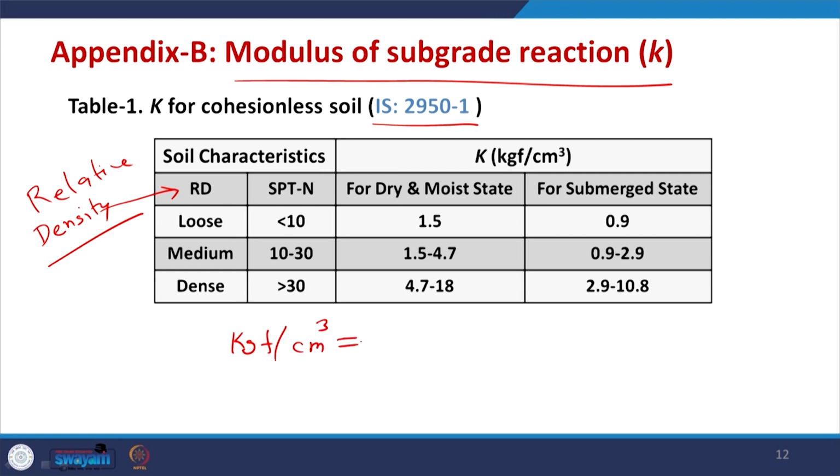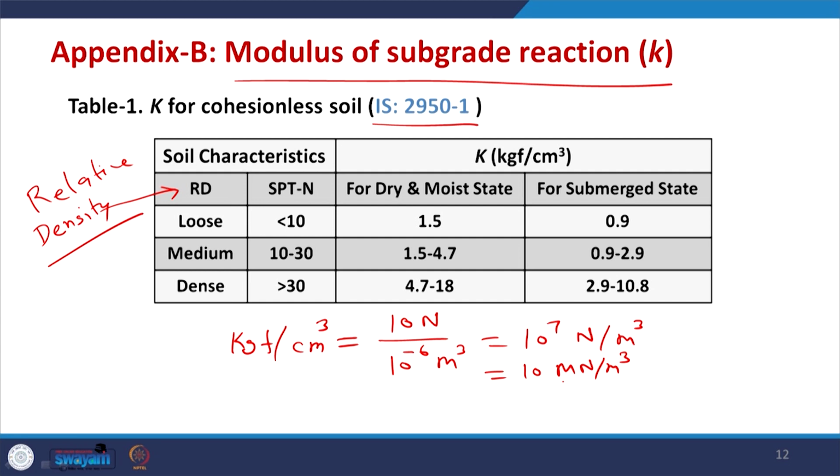Kilogram force, you may be aware, is nothing but 10 Newton, and centimeter cube is 10 to the power minus 6 meter cube. So this comes out to be 10 to the power 7 Newton per meter cube, that is 10 mega Newton per meter cube. This is the conversion you can use.